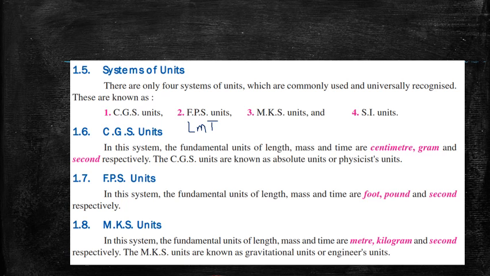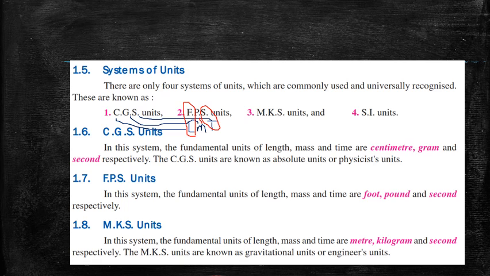For example, in CGS, length by centimeter, mass by gram, time by second. In the FBS system, length by foot, mass by pound, time by second.